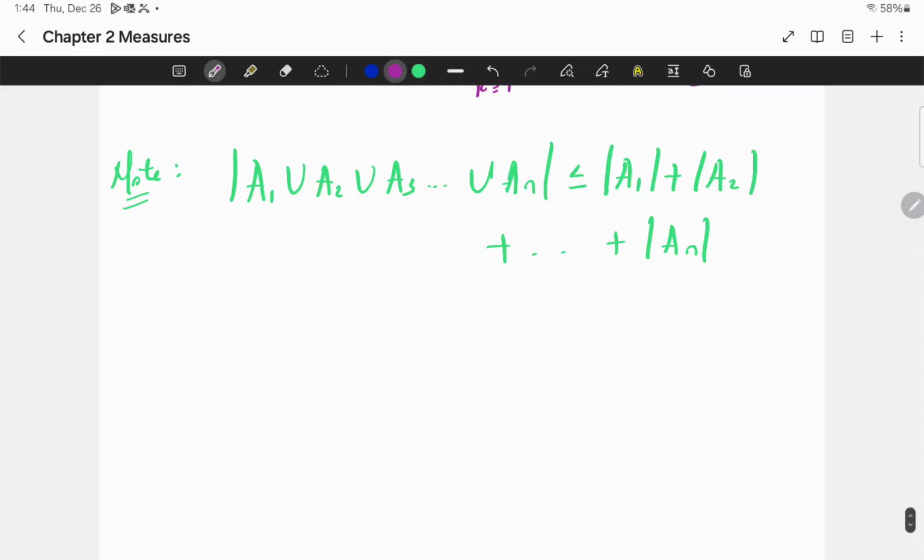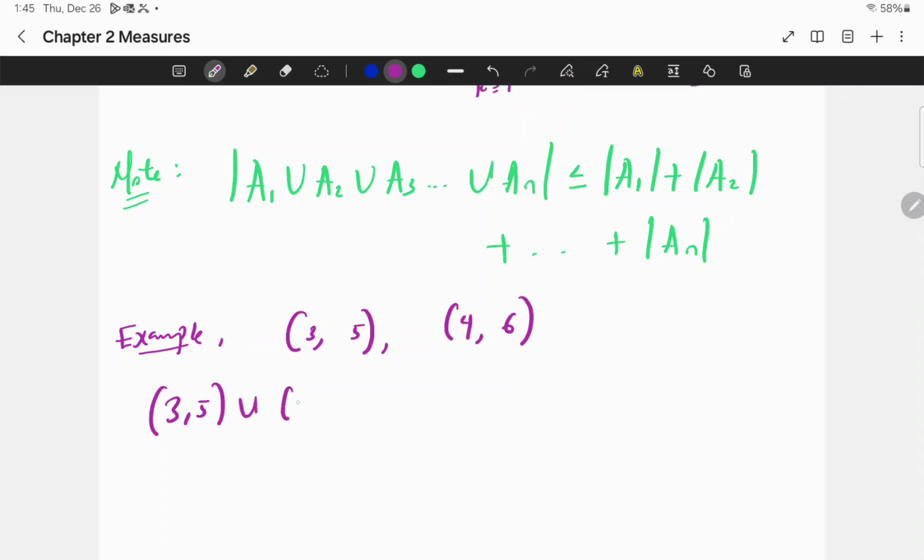And then if you look at this example, let's say we have the interval (3,5) and the interval (4,6). You see that (3,5) union (4,6) will give you (3,6).